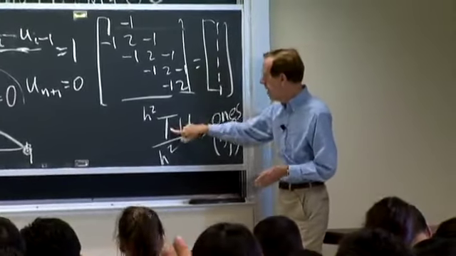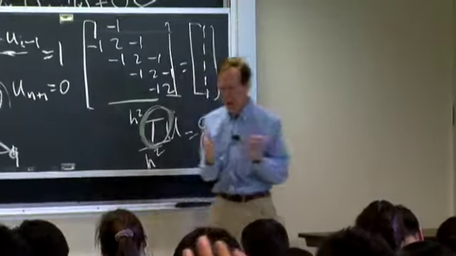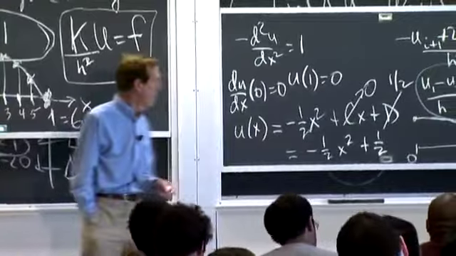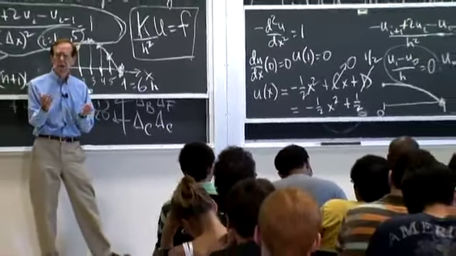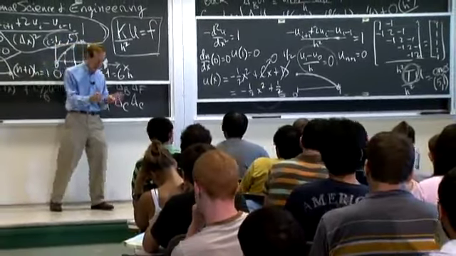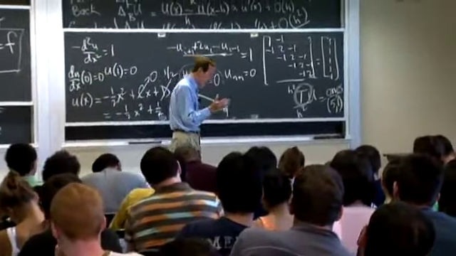Okay. But it's T. That's the important thing. And would you like to guess what the solution looks like? In particular, is it, again, exactly right? Is it right on the money? Or if not, why not?